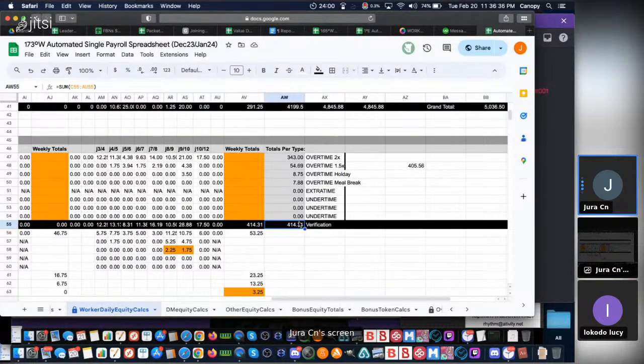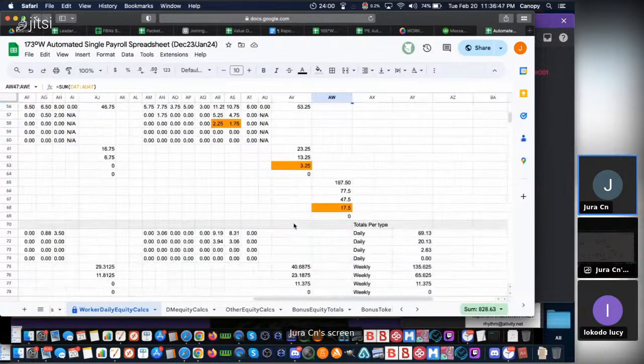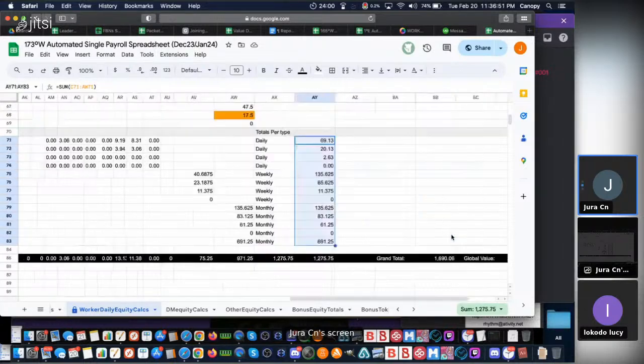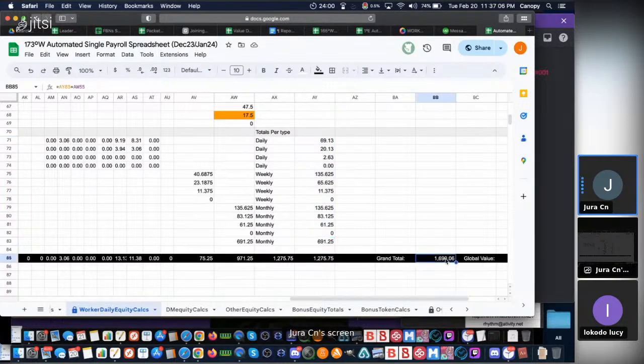So you have $414 of your direct overtime totals, which would be your nighttime overtime. So your nighttime overtime is $400, and then your overall overtime beyond nighttime, which is what we're talking about now, where you're working more than 6 hours in a day, working more than 30, 40 hours in a week, that's going to be $500, and then you have your normal value of $691. So the total is $1,690.